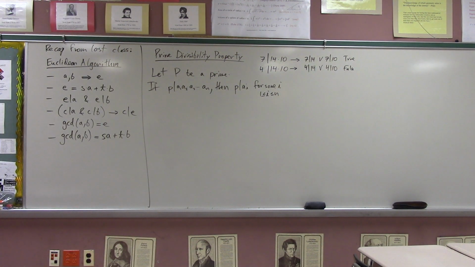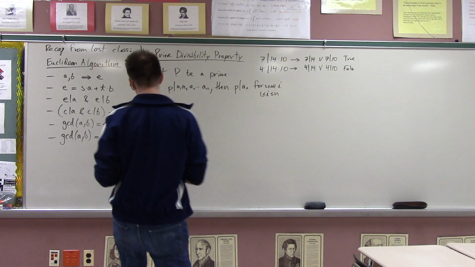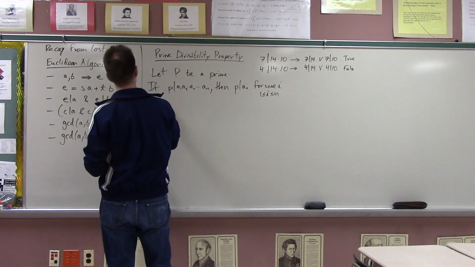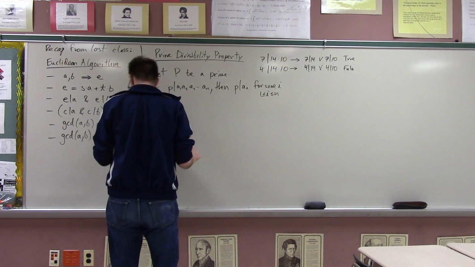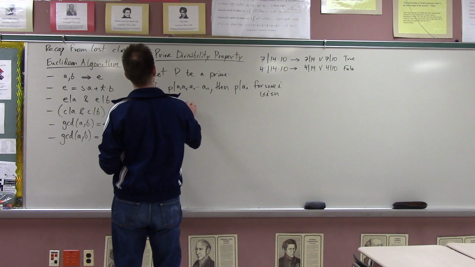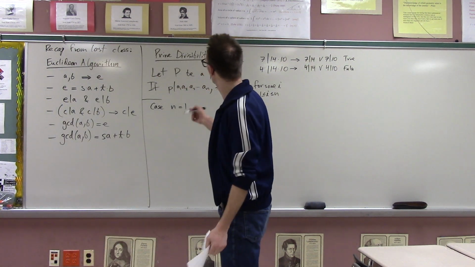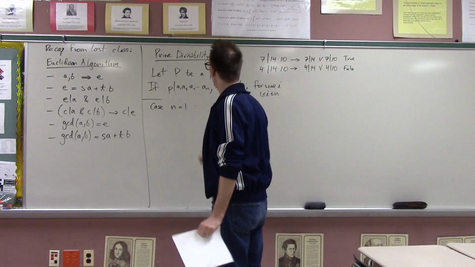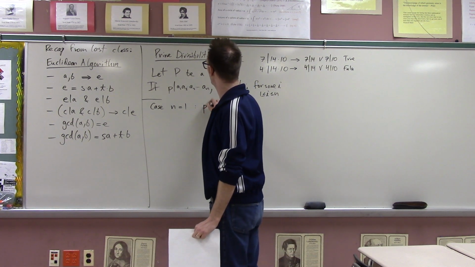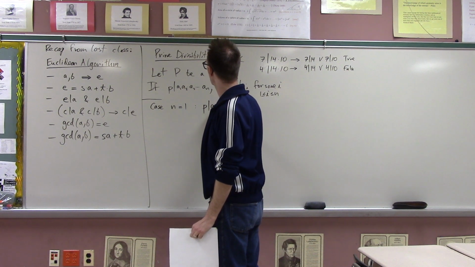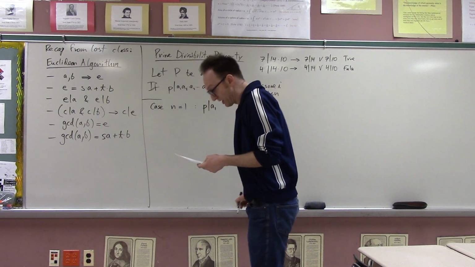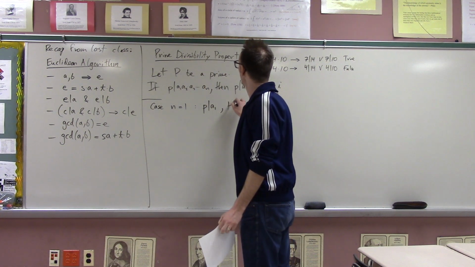Let's go. I think we already even began the proof. We split up into a certain number of cases. Case n equals 1. This is pretty silly, because if n equals 1, then we just have p dividing a single number a1.